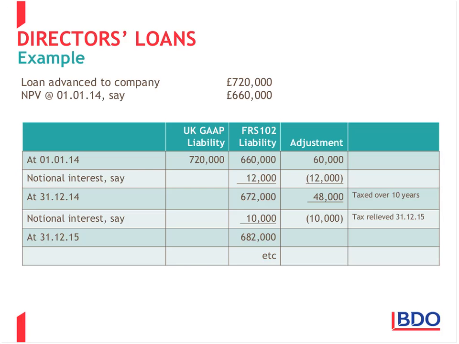Here is an example. Let us assume that a director has advanced £720,000 to a company. Under FRS 102, this loan, because it's interest-free, is only recognised at £660,000.